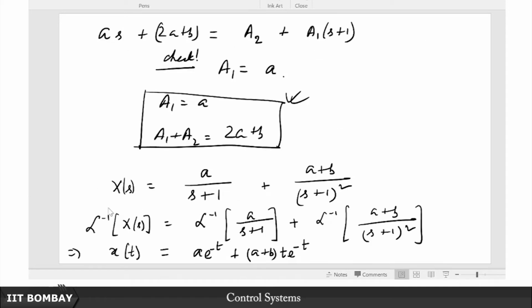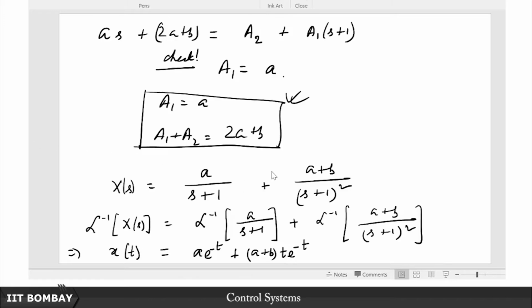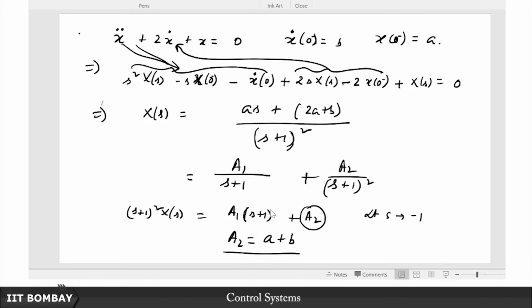There are of course shortcuts, simpler techniques to do this, and we have seen some examples of this. Just to apply that same trick here, not to belabor the point too much, let us again try this with a1/(s+1) + a2/(s+1)^2, and determine the coefficients in exactly the same fashion as we did here.